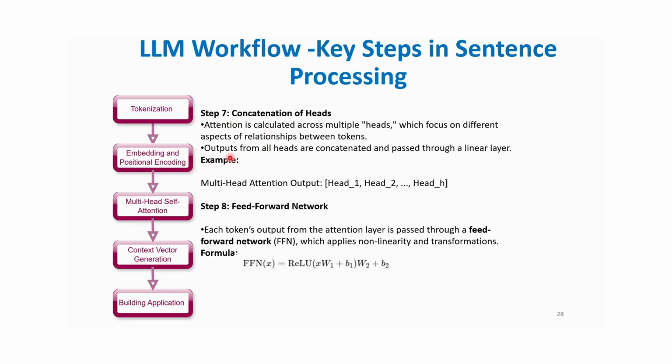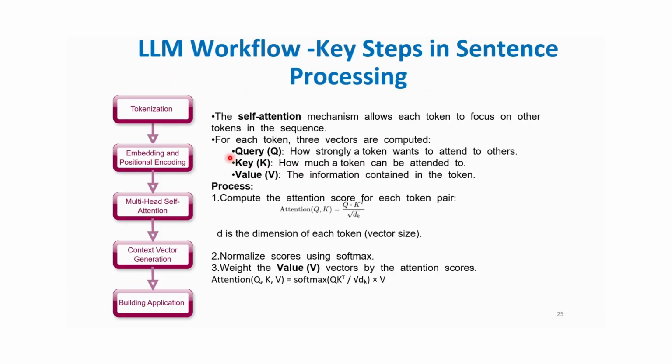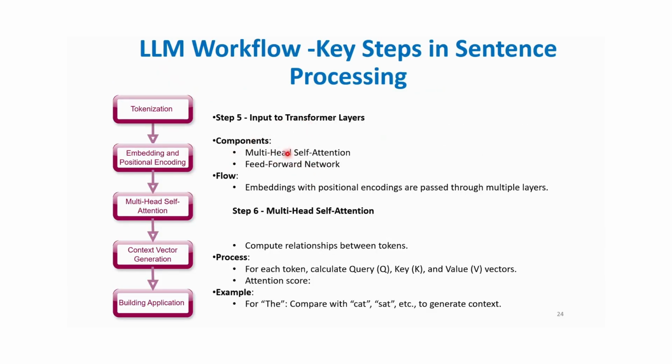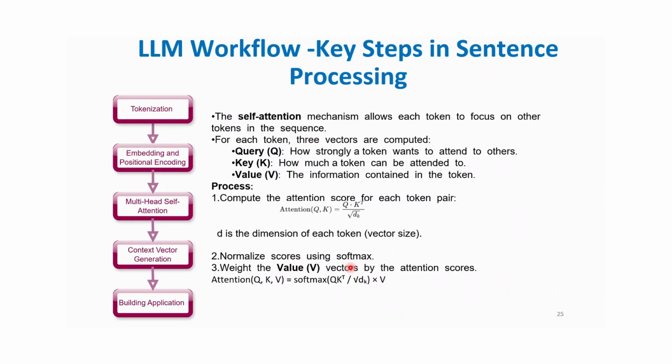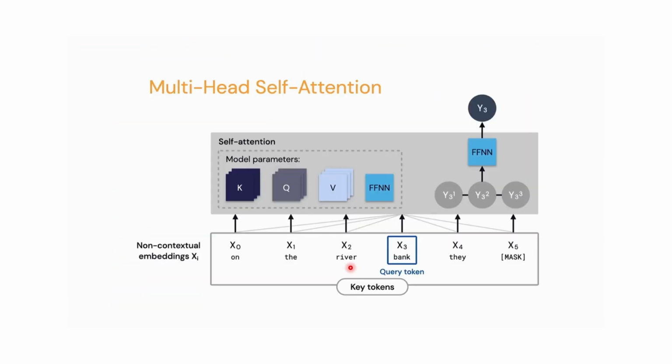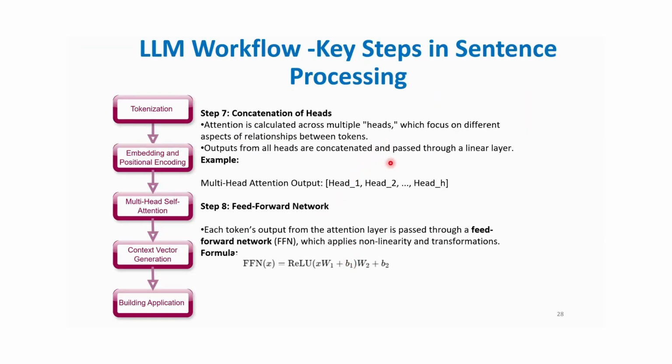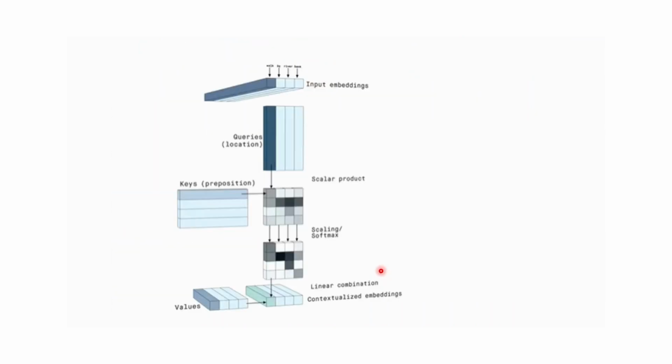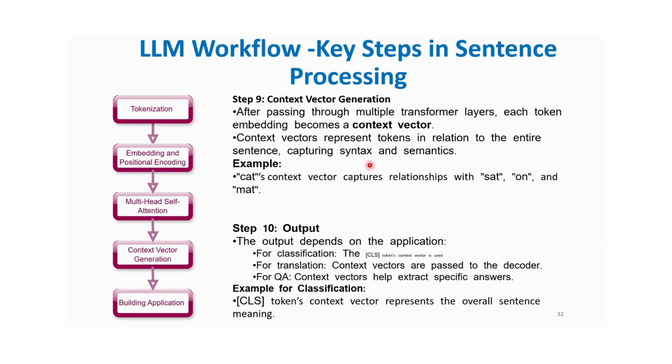Now it should be easy to understand multi-head self-attention. Once we are done with the self-attention, we have multi-head self-attention, and we squeeze them to get a single representation. Finally, we concatenate all the heads and give it to the feed-forward network. This gives the single representation of the input sentence. Now we are ready with the context vector generation.